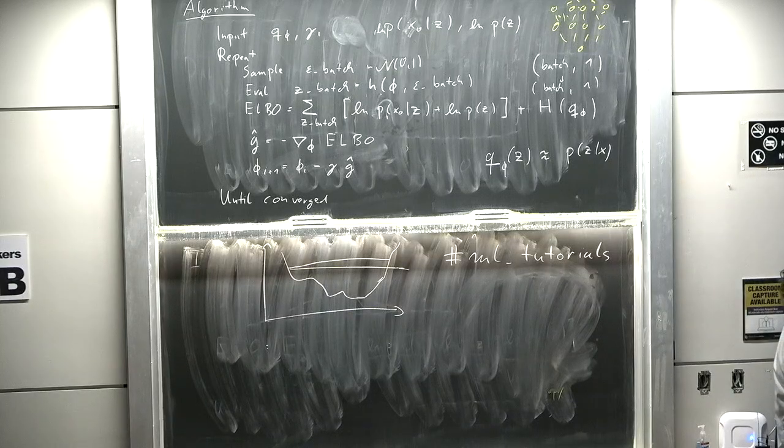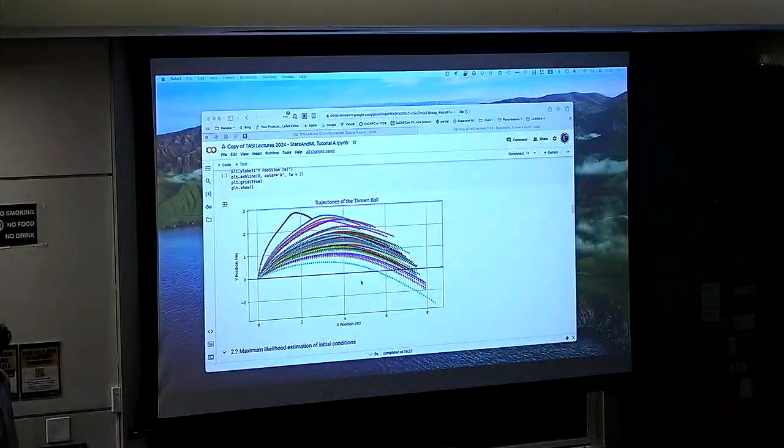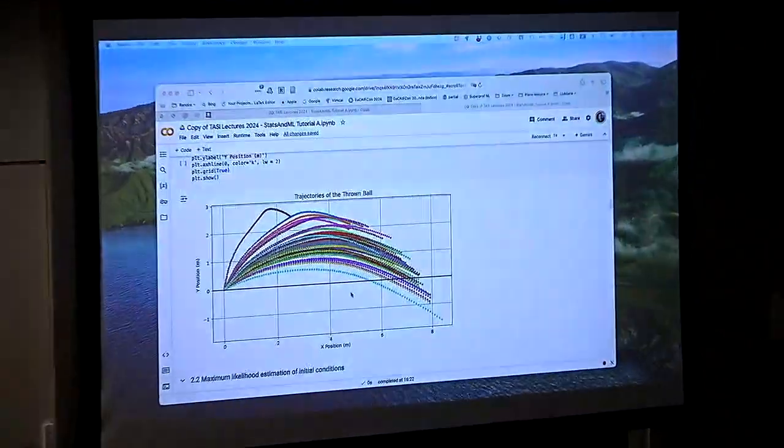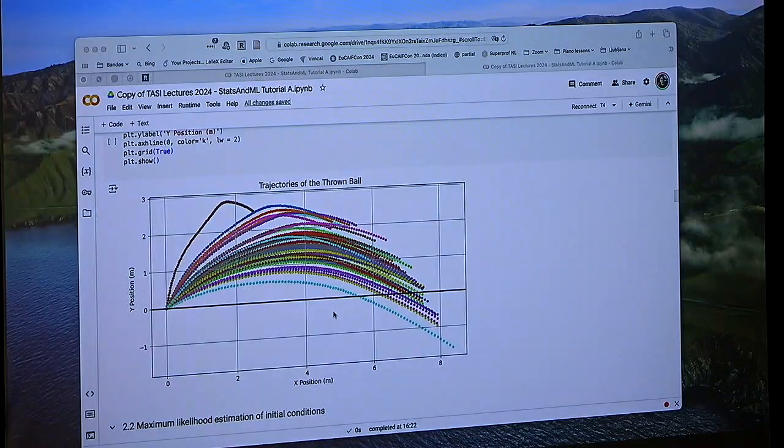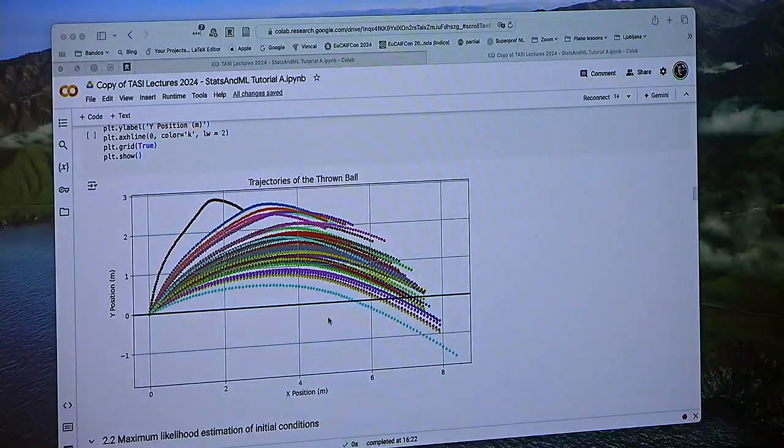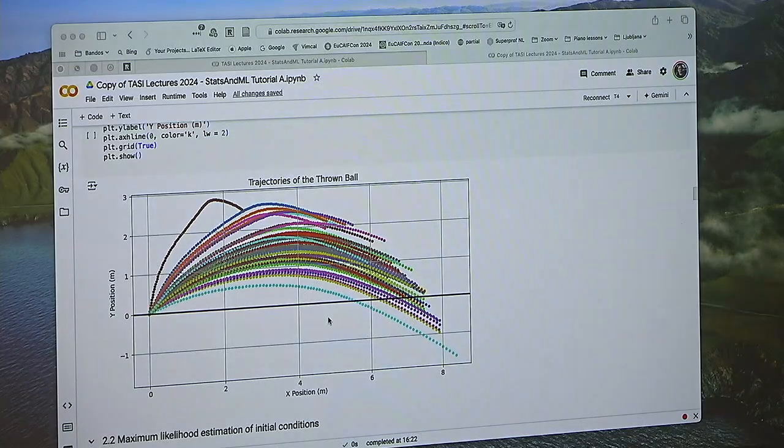So now the example that I had here is simply this differentiable simulator that throws balls. It's differentiable in the sense that if you know the final position, then you can calculate the gradient of that final position with respect to the initial parameters using backpropagation, because the entire simulator is written in Torch.